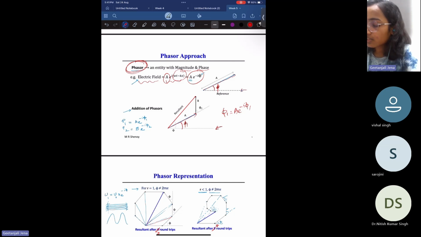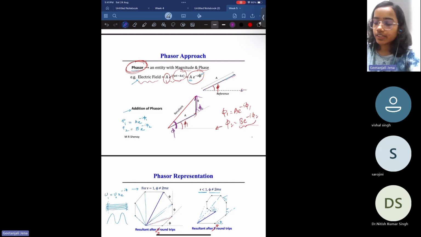Now for the second phasor, which is B e to the power minus i phi 2, we put the tail of this phasor at the arrowhead of the first phasor. So this is the magnitude and this is the phasor angle. And this angle is the total phase accumulated over phasors 1 and 2. So these are some concepts of phasors.